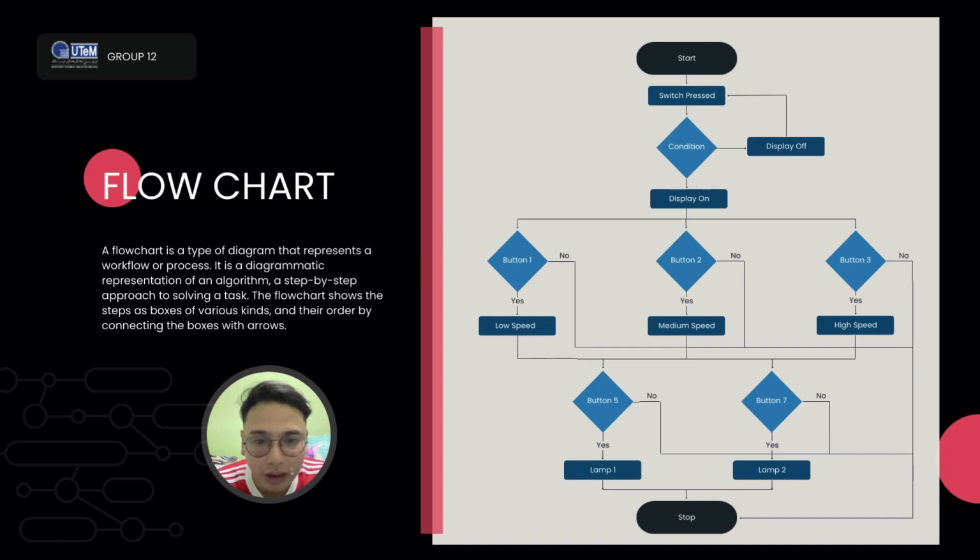After that, if we push button 5, it will turn on lamp 1, and if we push button 7, it will turn on lamp 2, and that's when the programming will stop and it will come back to the condition display. That's all for the flowchart of this project.